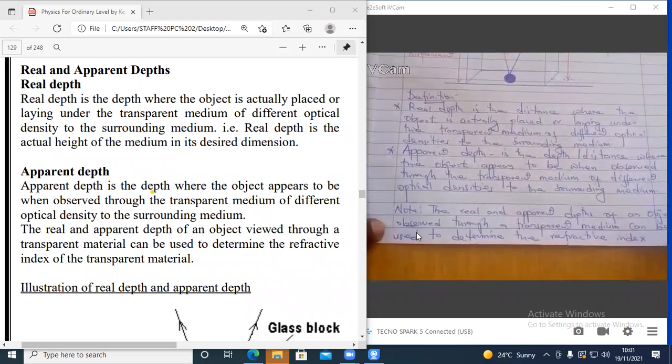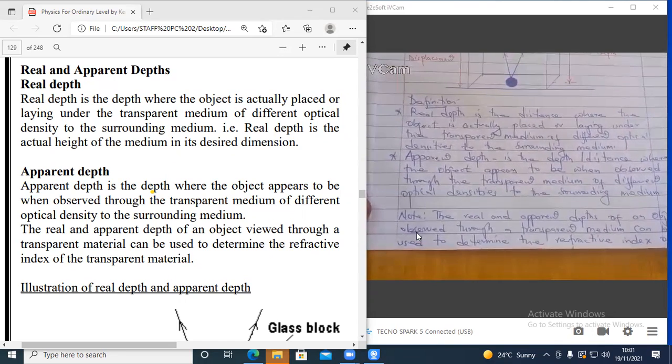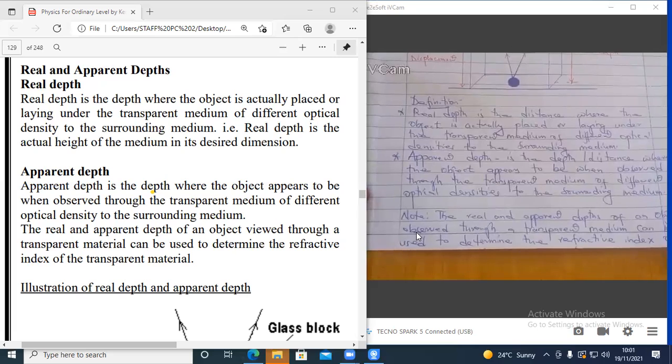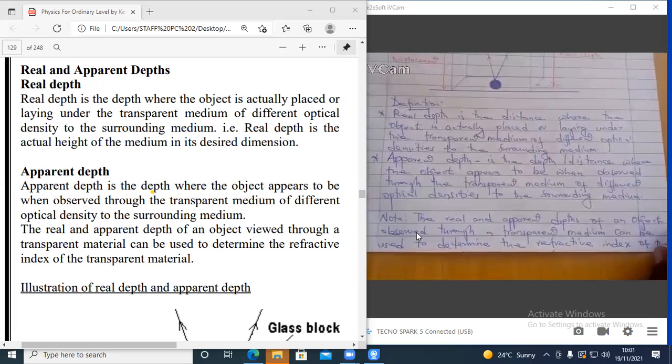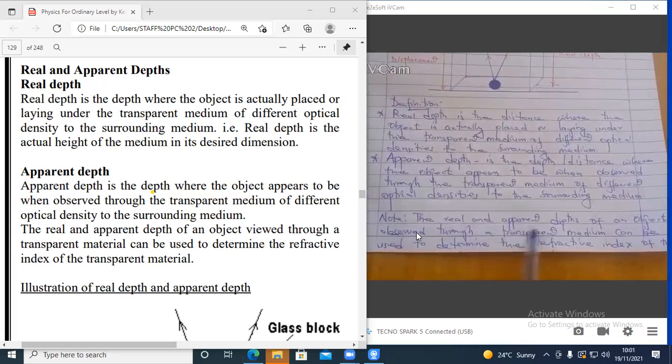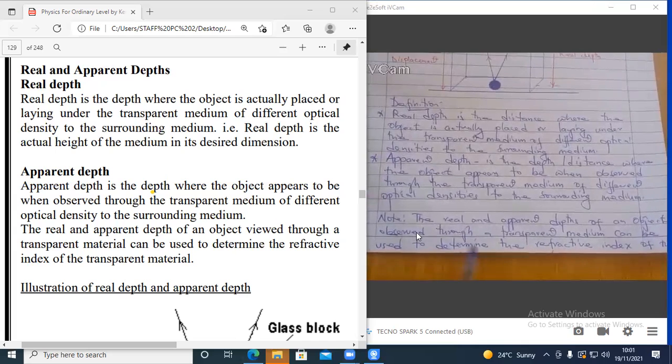The refractive index of the transparent medium. So we're saying the real and apparent depth of an object observed through a transparent medium can be used to determine the refractive index of the transparent material.